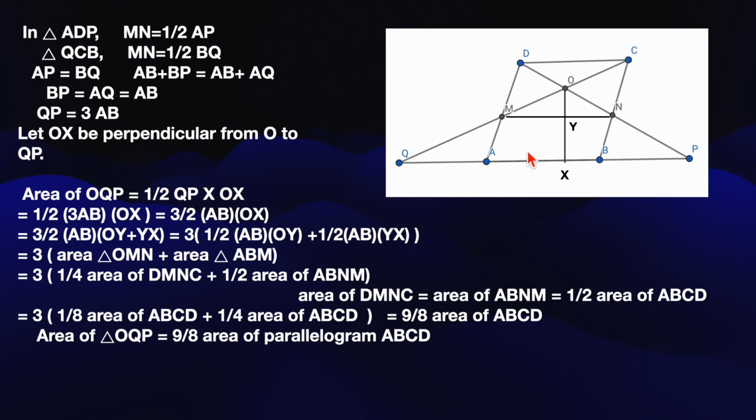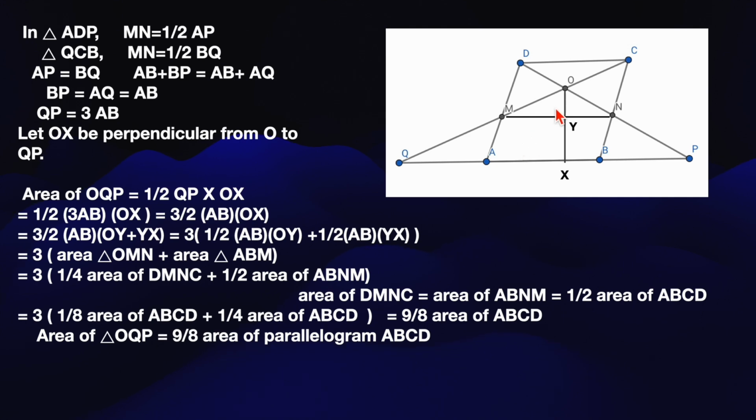So this is the area of this triangle AMB. So here it is. I've written AMB. So now 3 into area of OMN plus area of triangle ABM is the area of the triangle OQP, this full triangle.